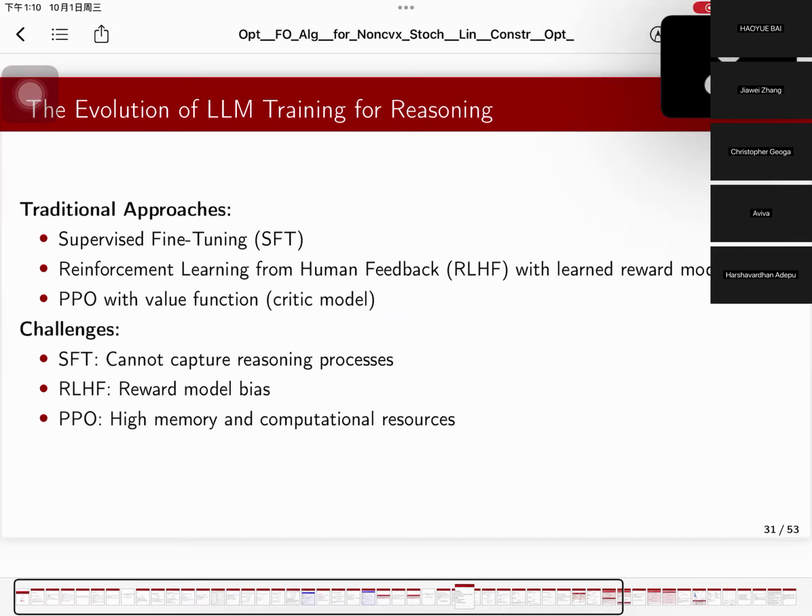For RLHF, we learn a reward model from human feedback, but sometimes there can be some bias in this reward model. For PPO, the main drawback is that we need to use a critic model. This can lead to higher memory requirements. So we want to consider a critic-free reinforcement learning algorithm.